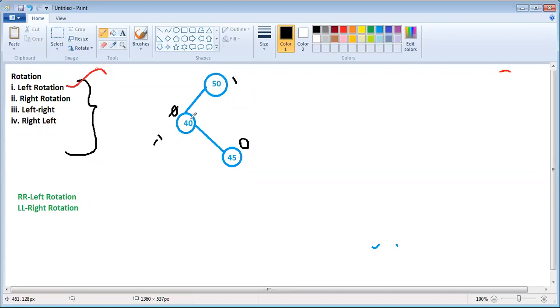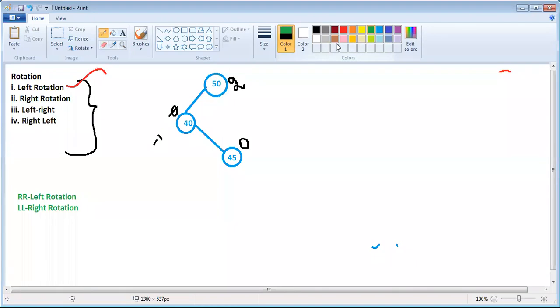Height 2 minus 0, right? So what is the height of this node? 2. Correct. Is it a binary search tree? Yes, ma'am. Is it an AVL tree? No, ma'am.